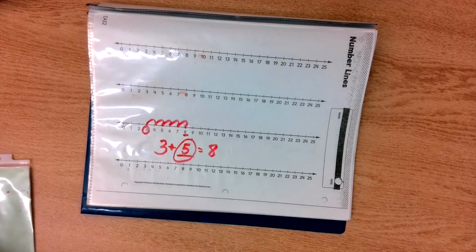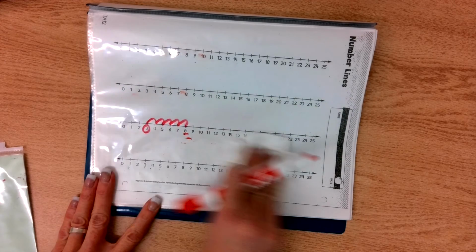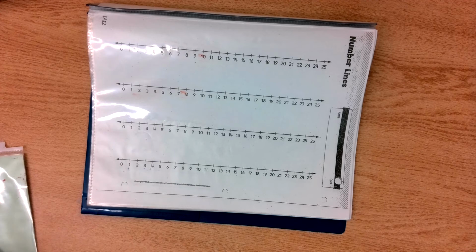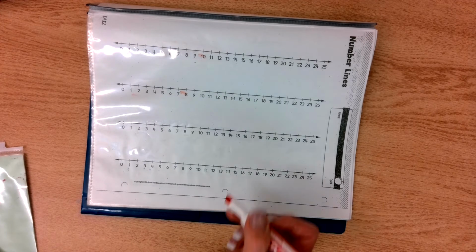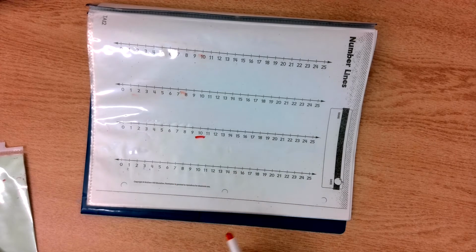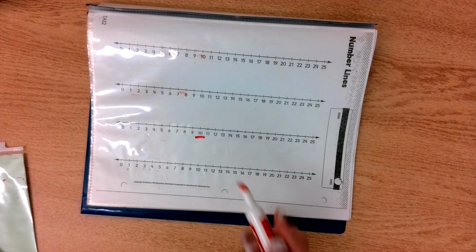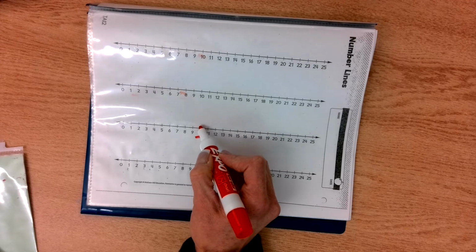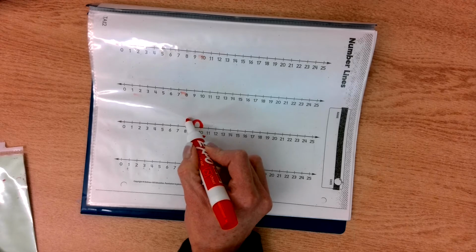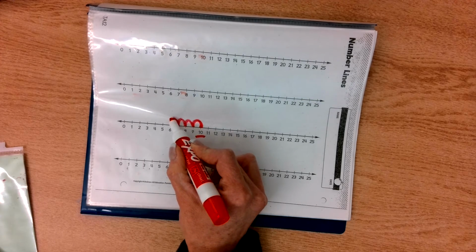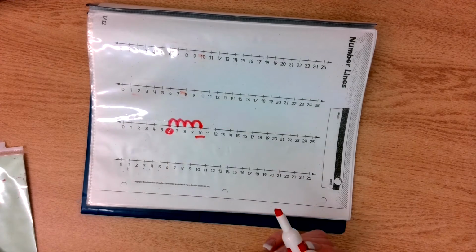All right, let's try another one. Start at 10, and we're going to hop back until we land on 6. 1, 2, 3, 4, because we wanted to land on 6.